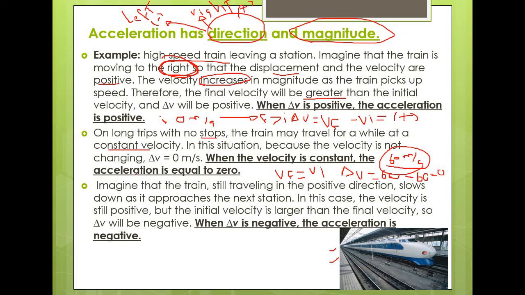When the velocity is constant, the change in velocity equals 0, so the acceleration equals 0.